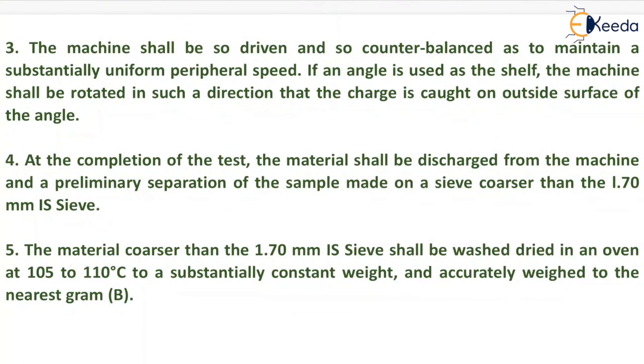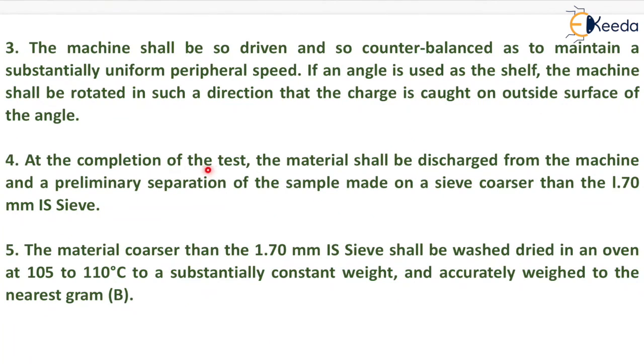Now the next step is the machine shall be so driven and so counterbalanced as to maintain a substantially uniform peripheral speed. If an angle is used as the shelf, the machine shall be rotated in such a direction that the charge is caught on outside surface of the angle.